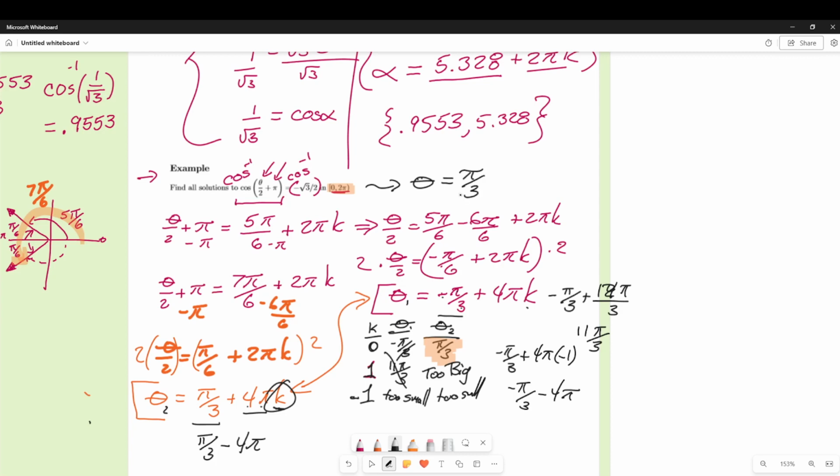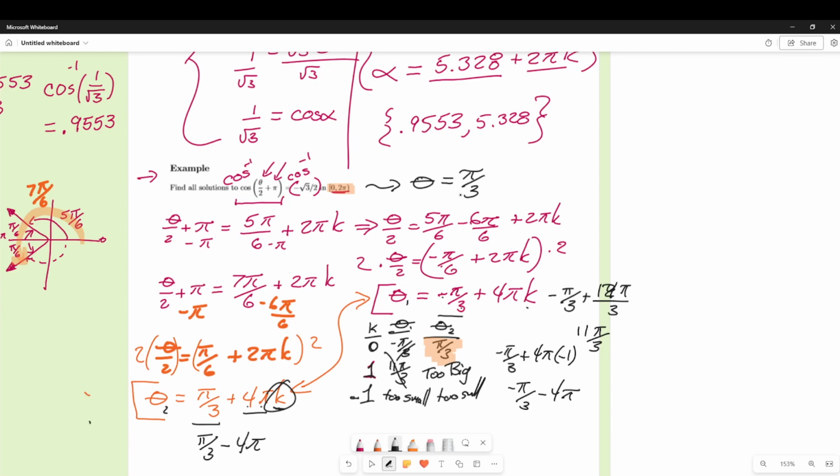So you do have to be careful about those restrictions. Do make sure you find your full general solution before you start trying to decide what is in your interval and outside of your interval, because you can make mistakes with that really easily.